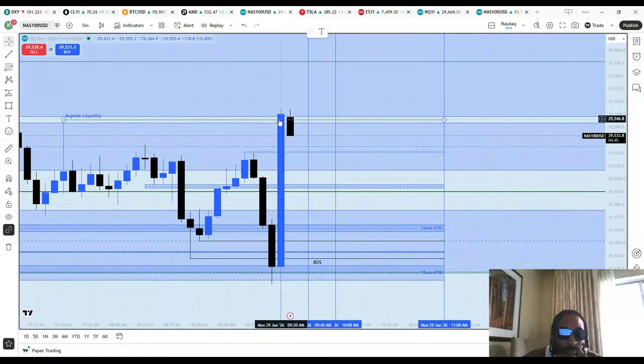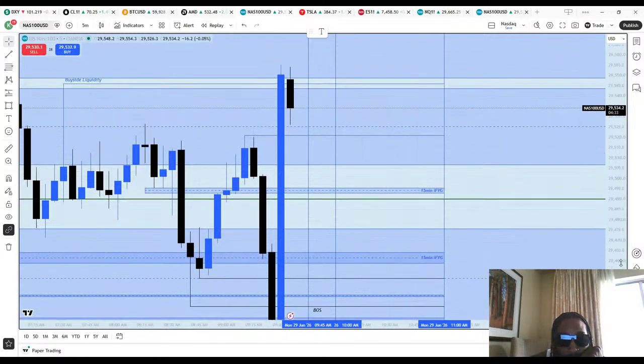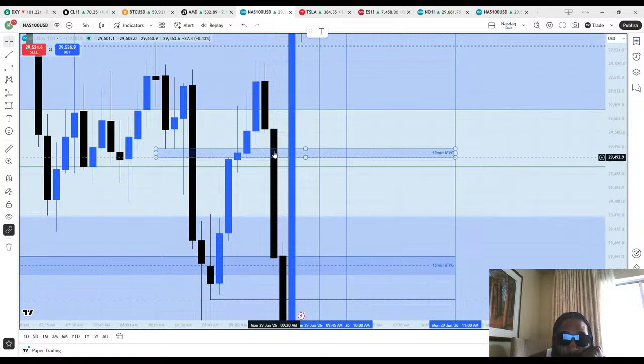Our close with a body above it. So what we would like to see is this area left open with some amount of inefficiency. And we now have an inverse fair value gap right here, which is beautiful.